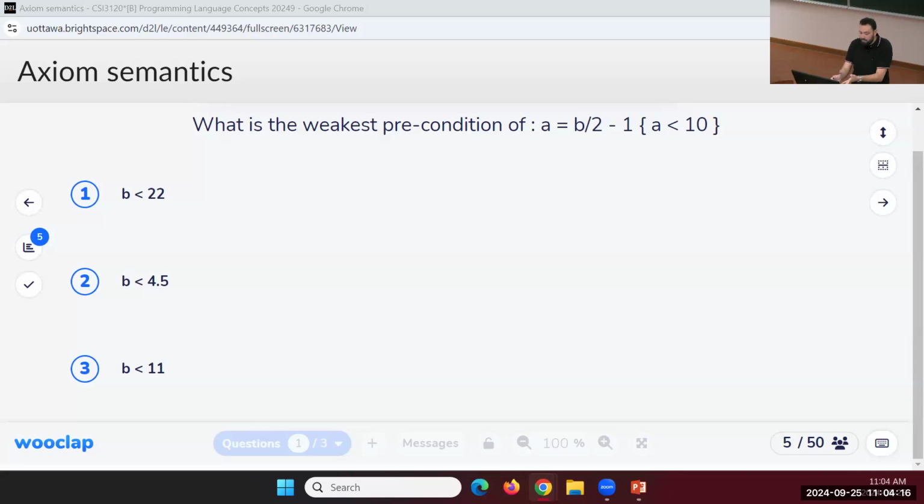Try to think about it a bit and choose one of the answers, and then we're going to reason together. So you need to find a precondition that will allow you to end up with A less than 10. But here, we want the weakest precondition, not any precondition that will work.